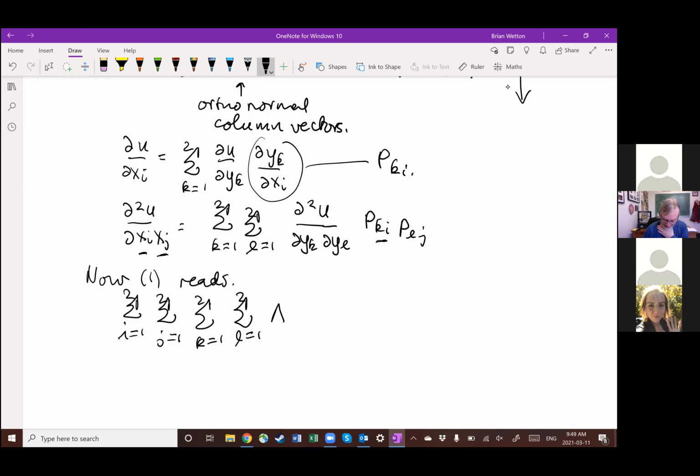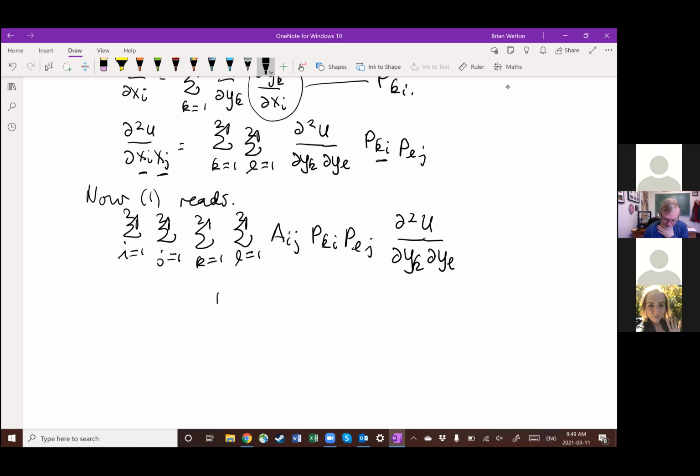I've got the Aij, I've got the PKI, and here I've got PLJ, and I've got all of these partial derivatives in the new coordinates. Then I'm going to have the sum of i equals 1 to 2, the sum of k equals 1 to 2, of PKI Li du dyk. And all of this is equal to f of x.